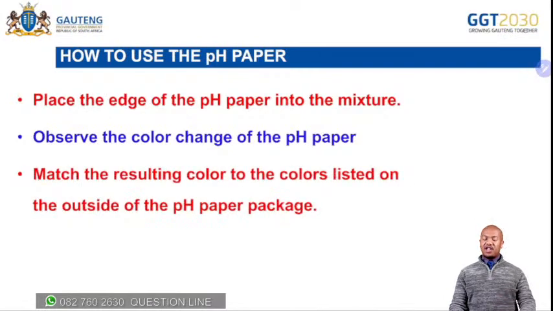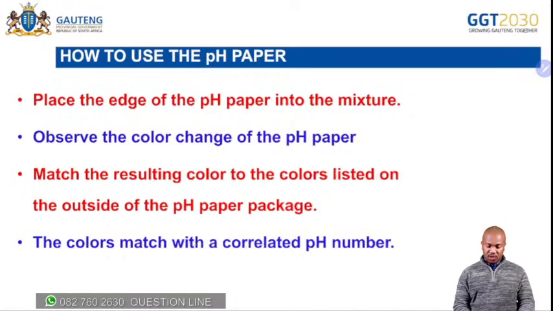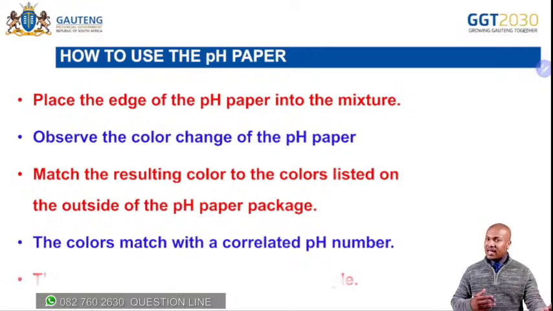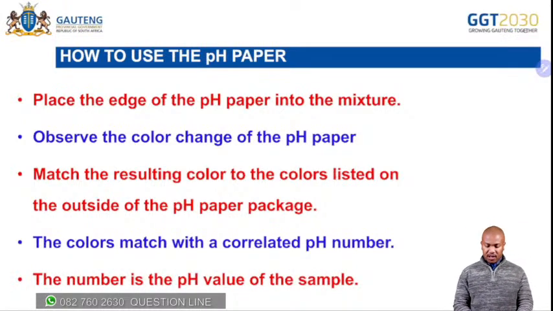Thirdly, you match the results to the colors listed on the pH scale. And also, the colors that match with a correlated pH number tell you the range of the pH value, or whether it is acidic or basic. Then the number is the pH value of the sample.